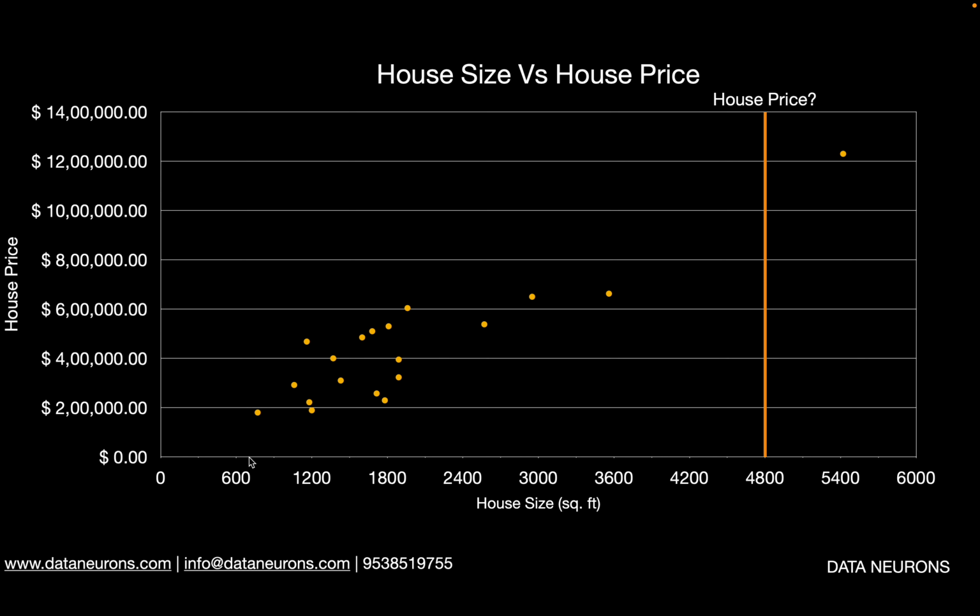For all other house sizes, we have their corresponding prices. For example, for a house size of let's say 700 square feet, this is the corresponding house price value. Similarly, all the different data points are plotted here. These are again sample data sets which we are trying to visualize here.